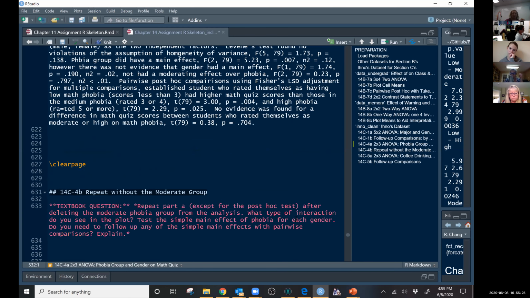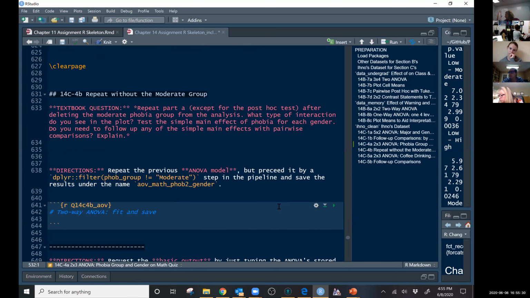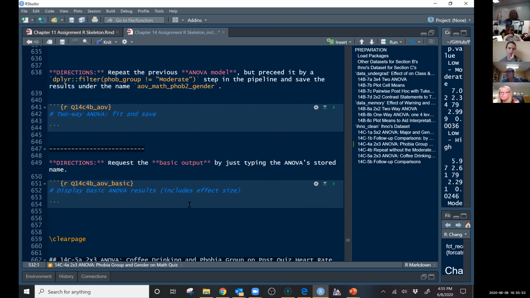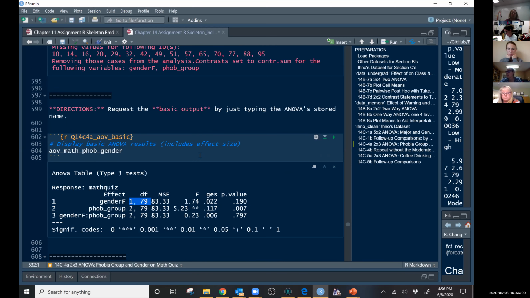Okay, the next part has us repeat it without the moderating group. Oh, I don't have you doing interaction contrast. Well, look at that, how lucky are you guys? On the homework, it asks, what type of interaction do you see?